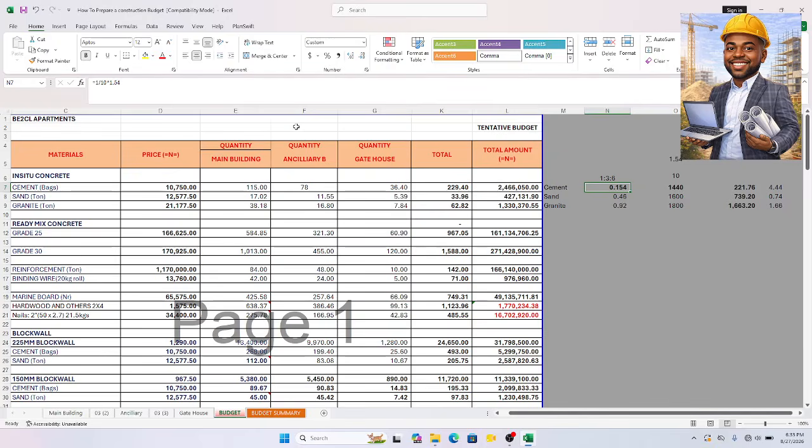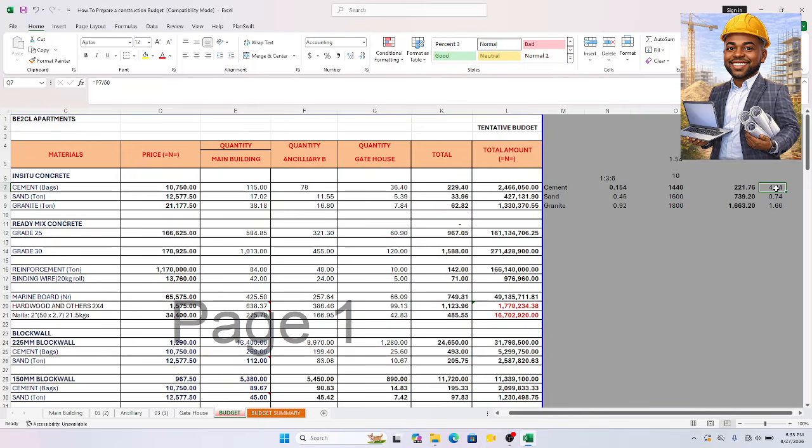Now, cement has a density of 1440 kg per cubic meter. If I multiply, I have 221.76. Cement comes in 50 kg bags. So how many bags do I have there? I divide by 50. That's why we have 4.44.